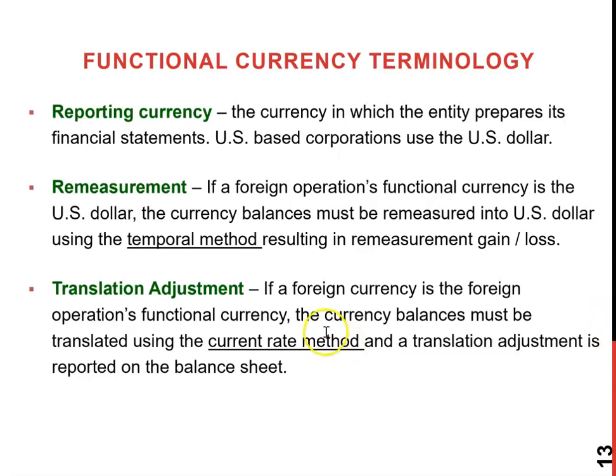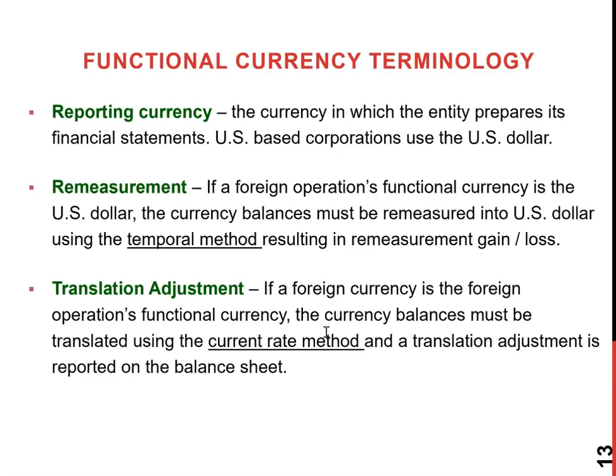Now, if your subsidiary is using the US dollar, let's take that example we discussed: your Mexican subsidiary is using the US dollar because the majority of their transactions are happening with the US parent. Now, you can think about it: everything is in US dollars. Why do I need to convert it again into US dollars?